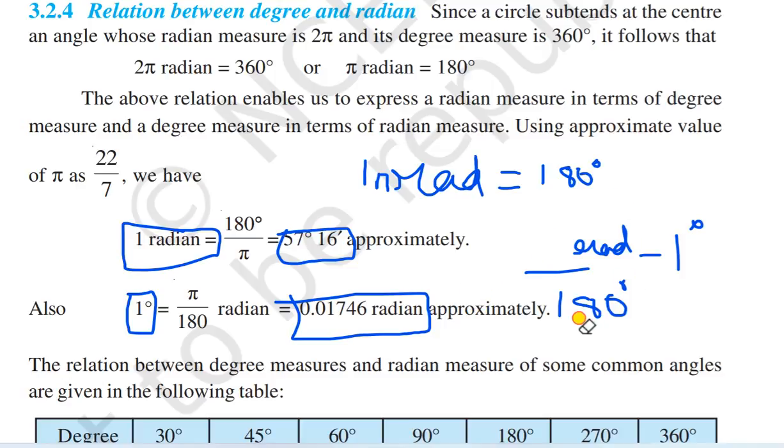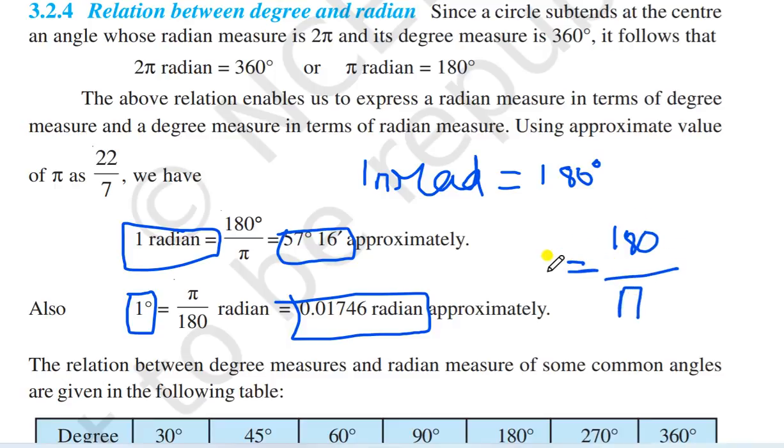Similarly, 180 by pi, we get 1 rad. How is that?